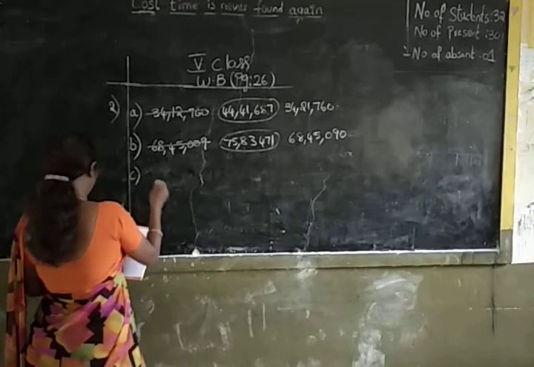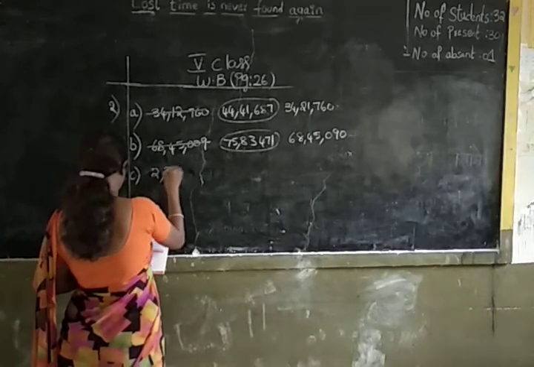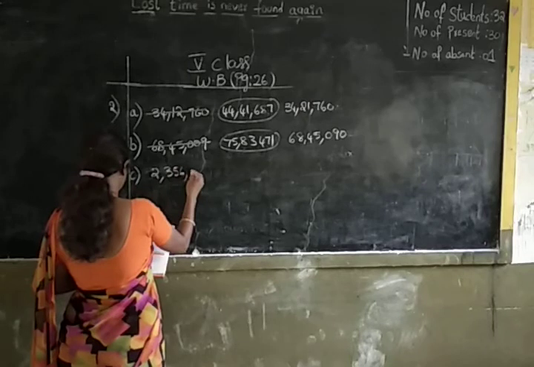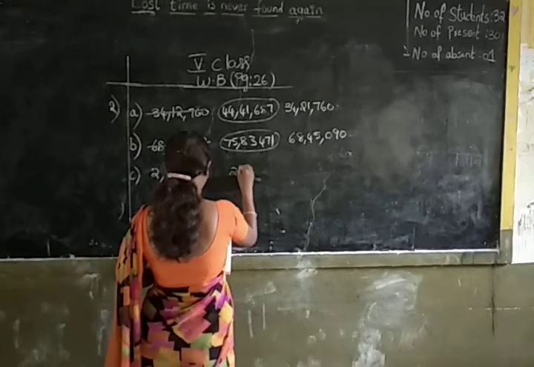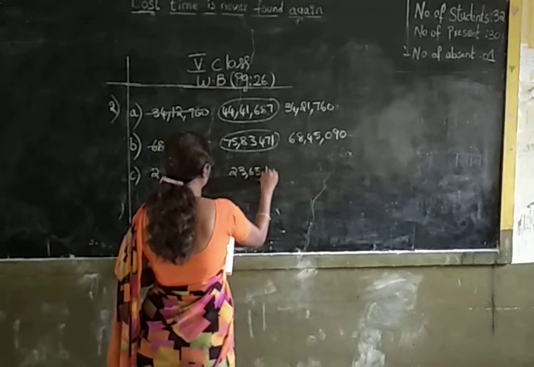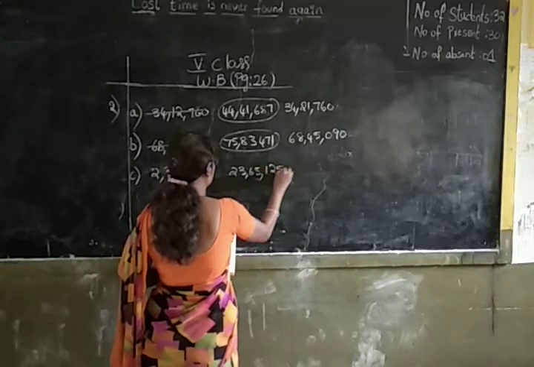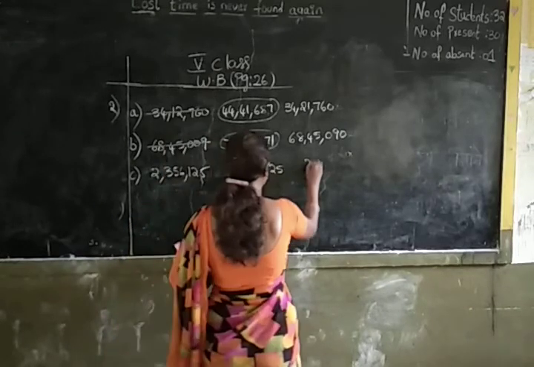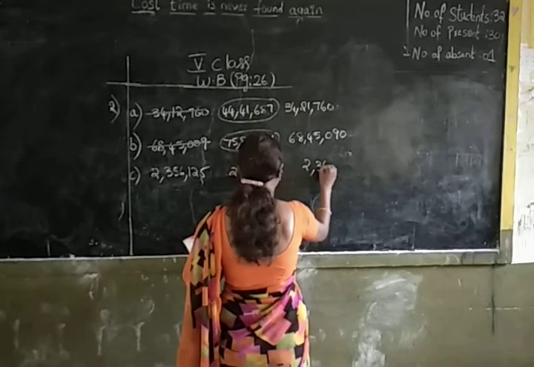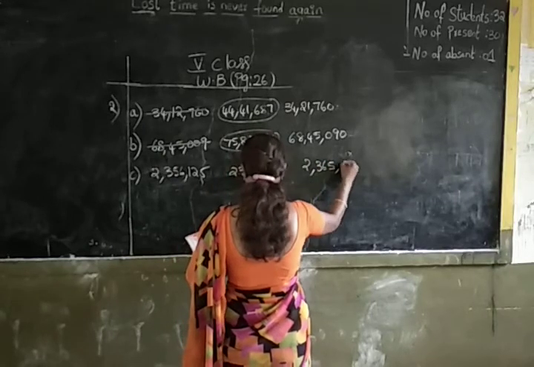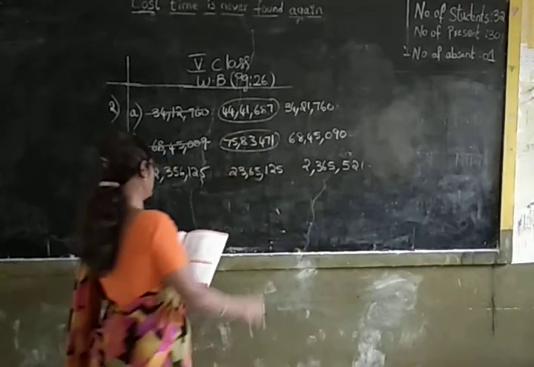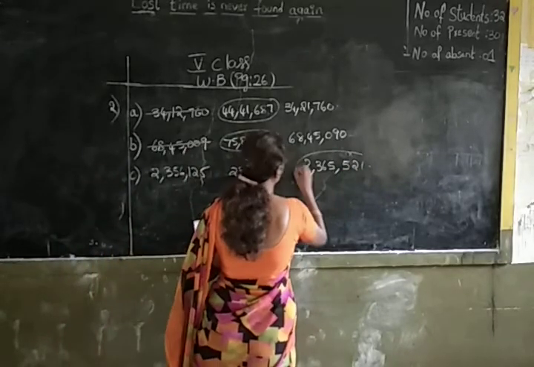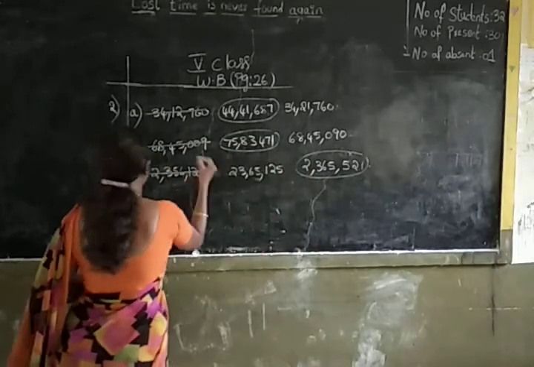Next, C sum. Among these numbers, this is the largest number and this is the smallest number.